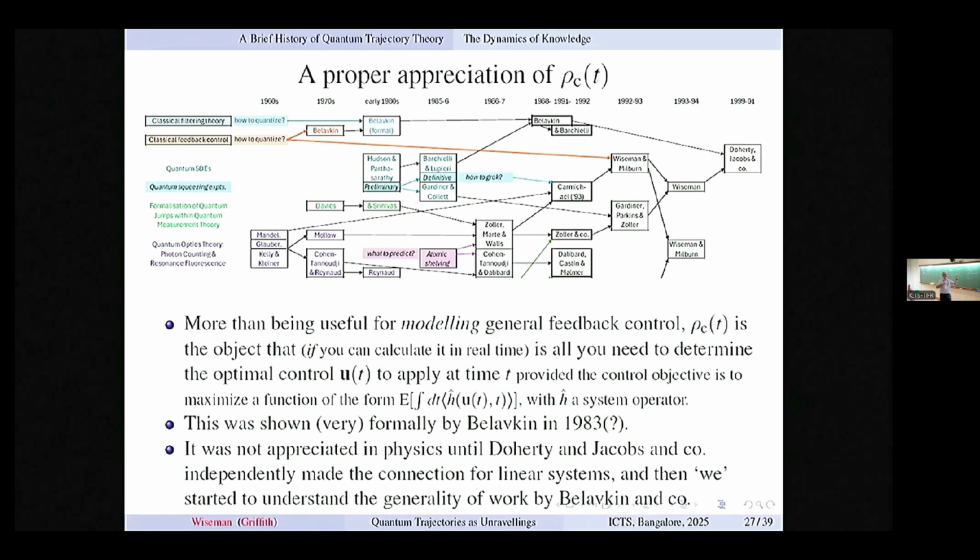And so gradually the community came to understand what he'd done. So in fact, we can put in almost the same time, or actually slightly earlier for Belavkin, Belavkin and his collaborator, Barchielli, actually were writing down at this time the same sort of stochastic equations, both for jumps and for diffusion, that people in the quantum optics community were doing.